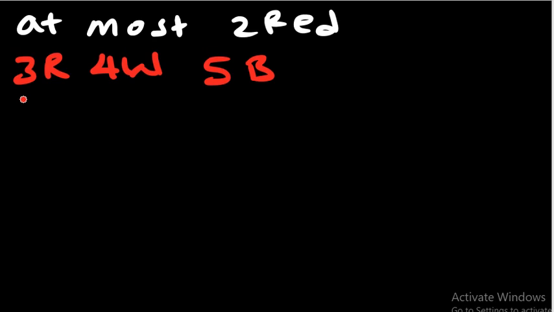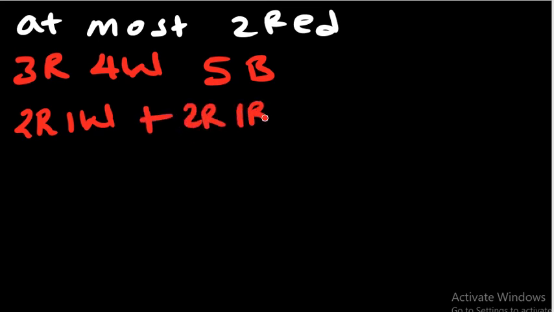What are the possibilities? First of all, let us try to state the possibilities. At most 2 red means 2 red and 1 white. It's okay. The other way, 2 red and 1 black. It's okay. The other way, 1 red and 2 white.